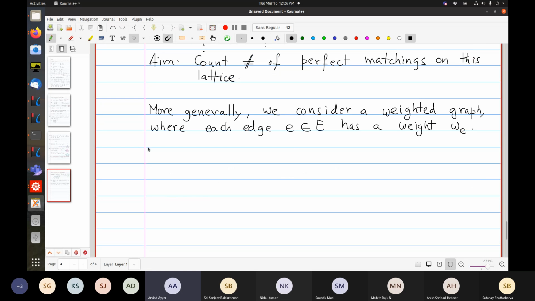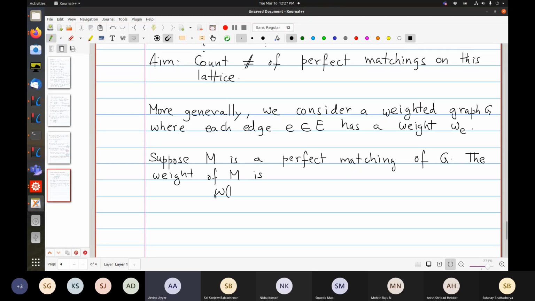Okay, so if you have a weighted graph G, and suppose M is a perfect matching of G, the weight of M, say wt(M), is the product over e in M of w_e.